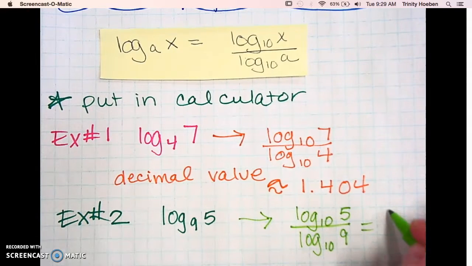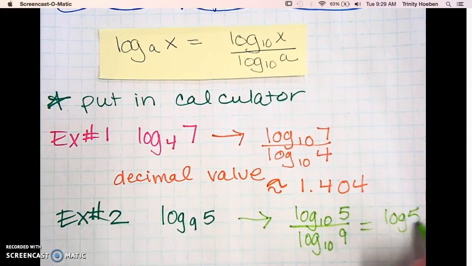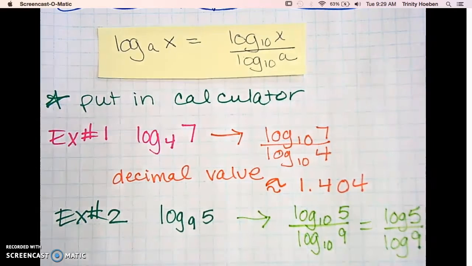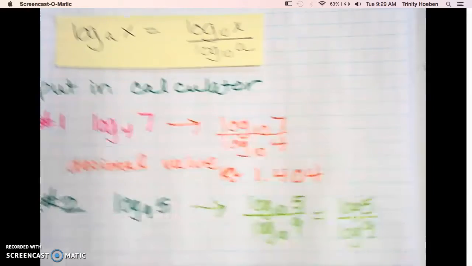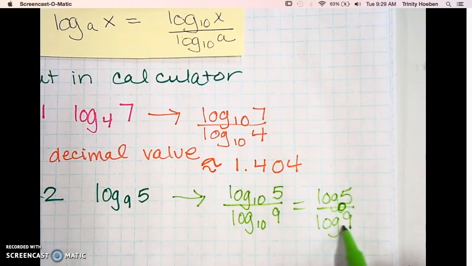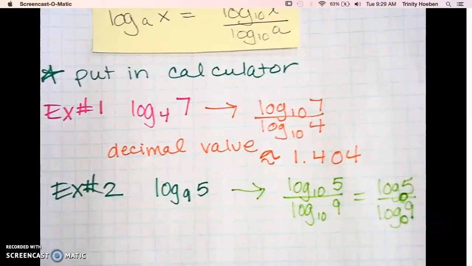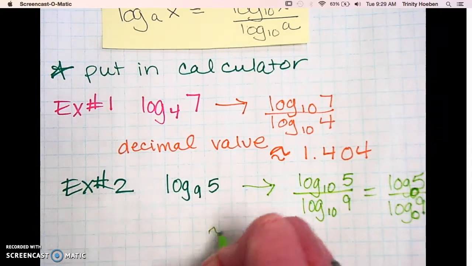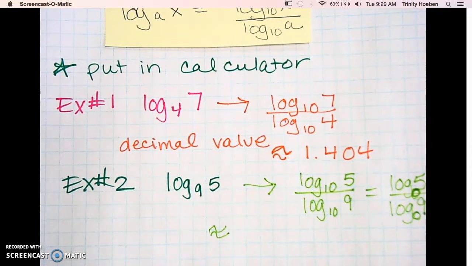You can even just write log of 5 over log of 9. When you don't have a base written, when there's nothing there, it's log base 10. And then you're just going to type it into the calculator and do your wavy equal sign.